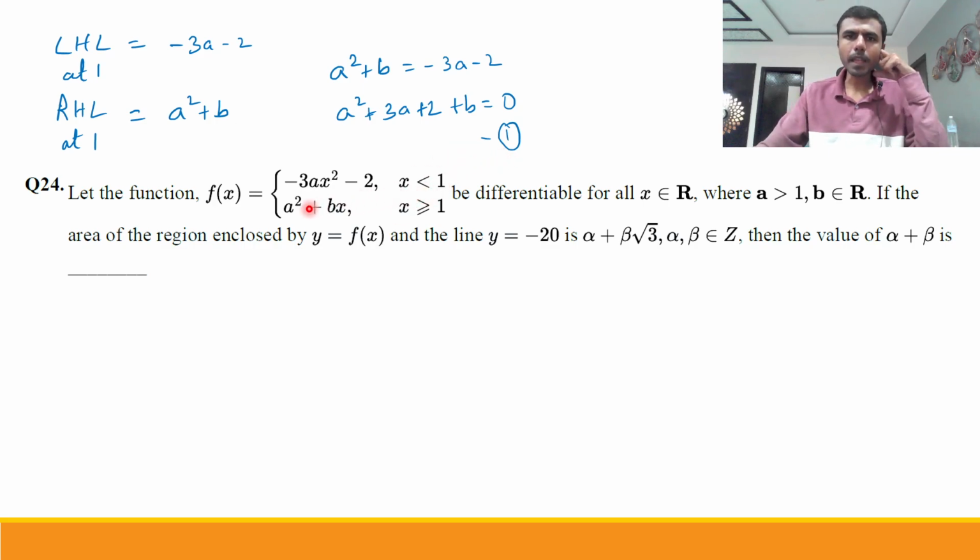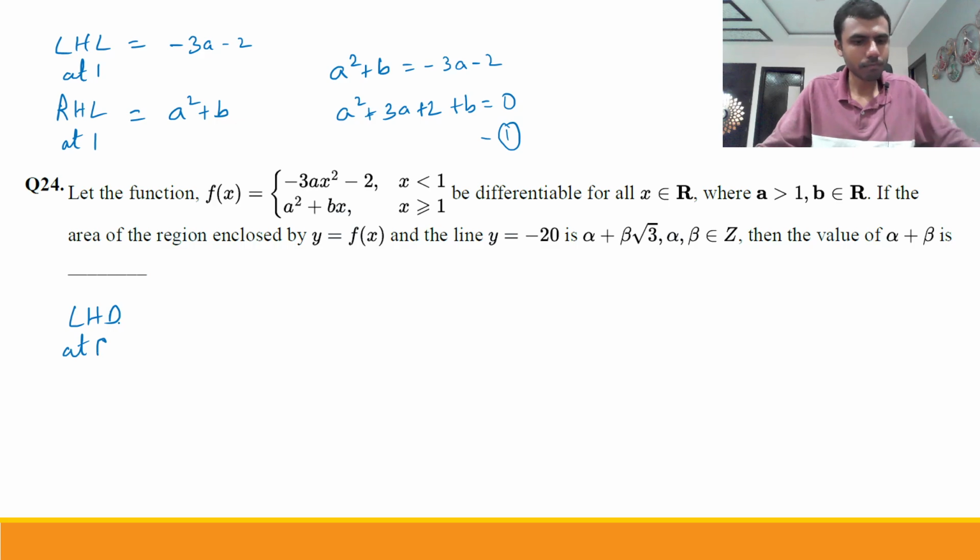Fine. Next, what is my second equation? It is differentiable. Differentiable means the left hand derivative will be equal to the right hand derivative. How do you find LHD at 1? It's pretty simple, guys, just differentiate this. So it would be minus 6ax, and at 1, minus 6a.